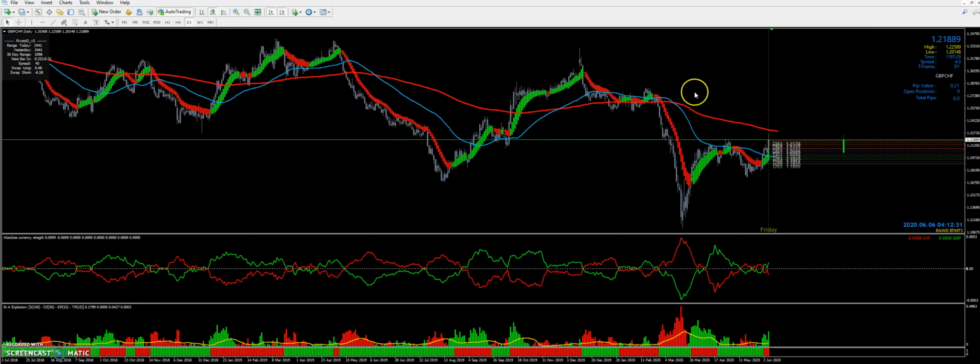So this here, for me, is a good system. I like using it so far. Out of every system I've ever tried, out of all the systems I've paid for, out of all the mentor systems I've paid for, this system here is one that I put together based on indicators that I've either gotten for free off of internet searches or indicators that I've purchased.